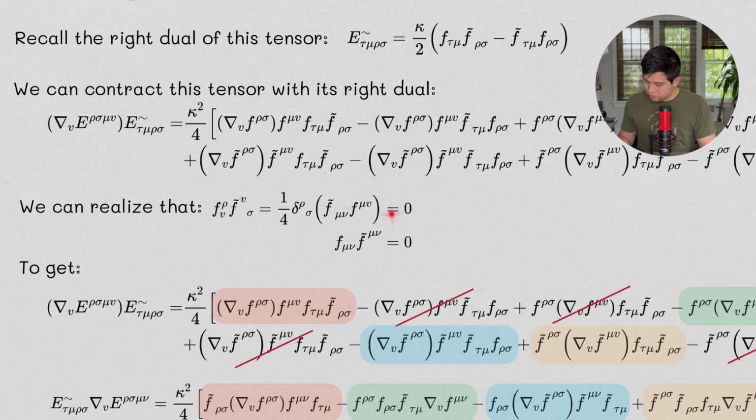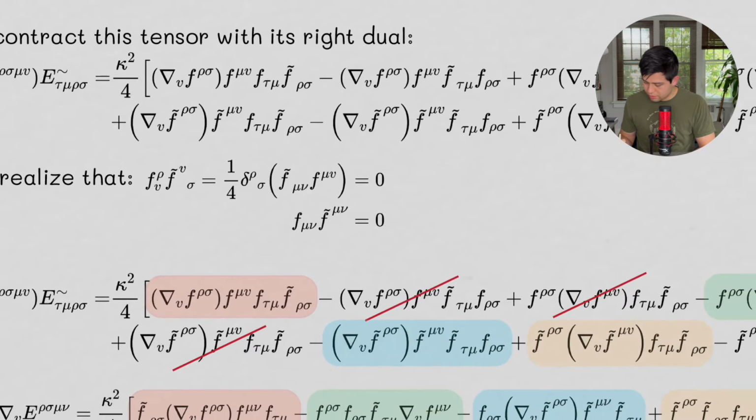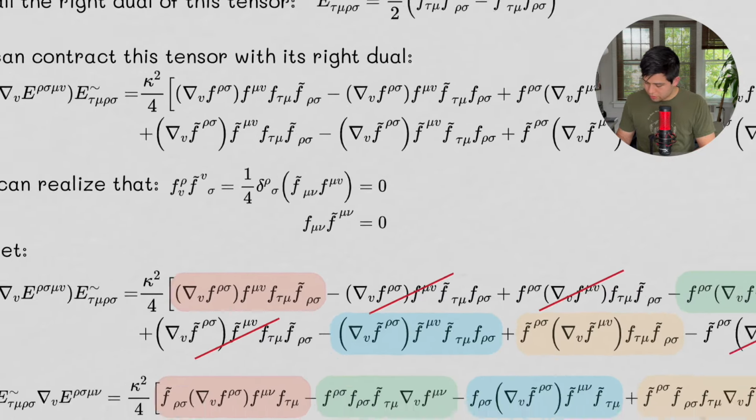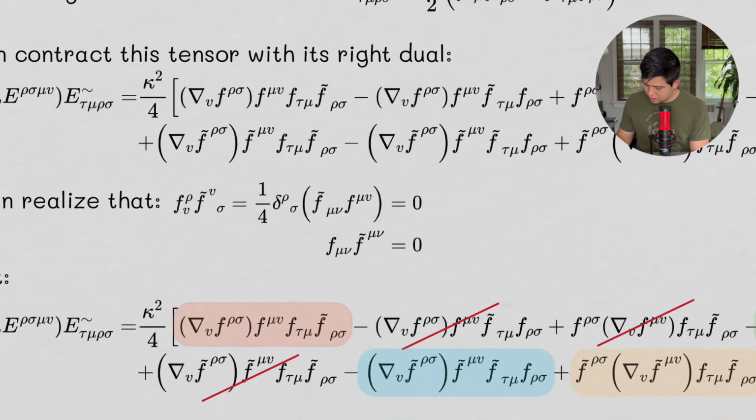So this equals 0, right? Because we're summing over these two guys. When we sum over, this equals 0 because these are complete, right, because this is mu nu, this is mu nu.